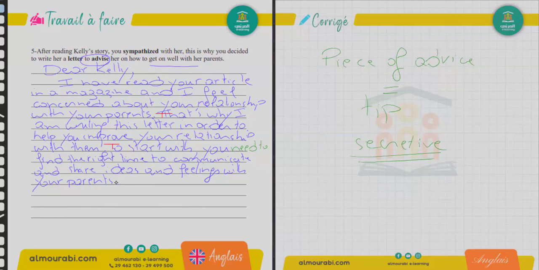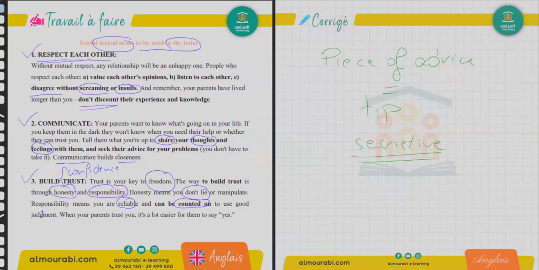Now, to start with any other linker of addition here: moreover, or however? However gives contrast. Moreover is okay, this is addition. Then the second one is show respect.